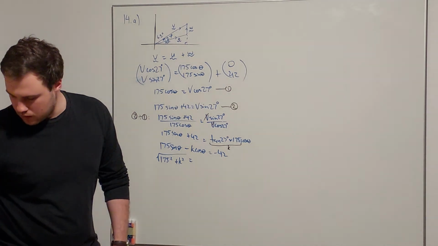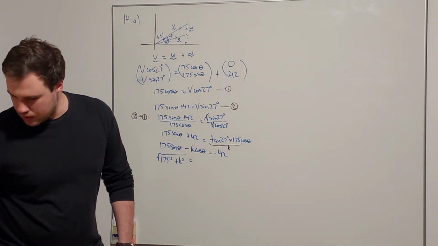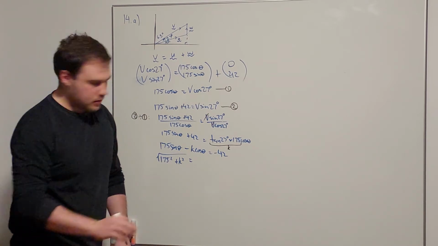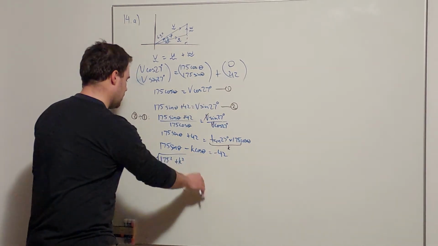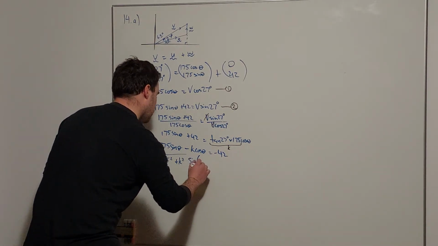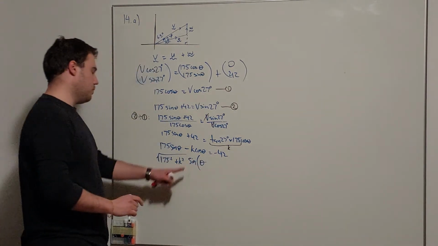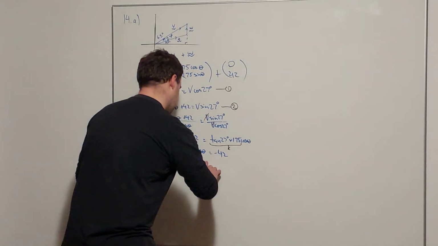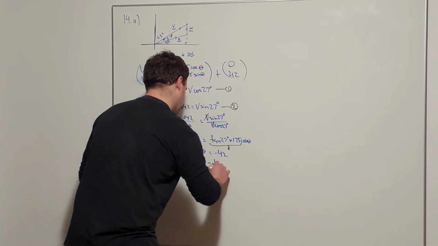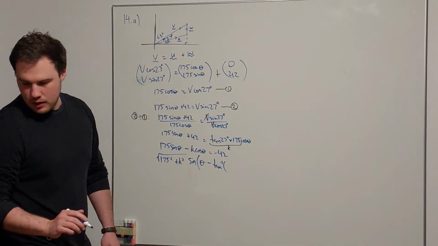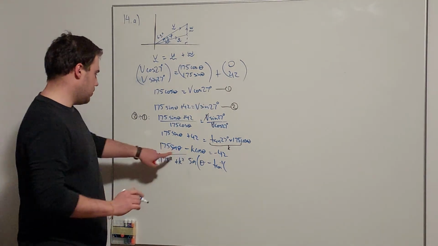I think we get that in exact form, all in one go. So that is going to be the coefficient of sine of theta minus alpha, where alpha is inverse tan of K on 175.